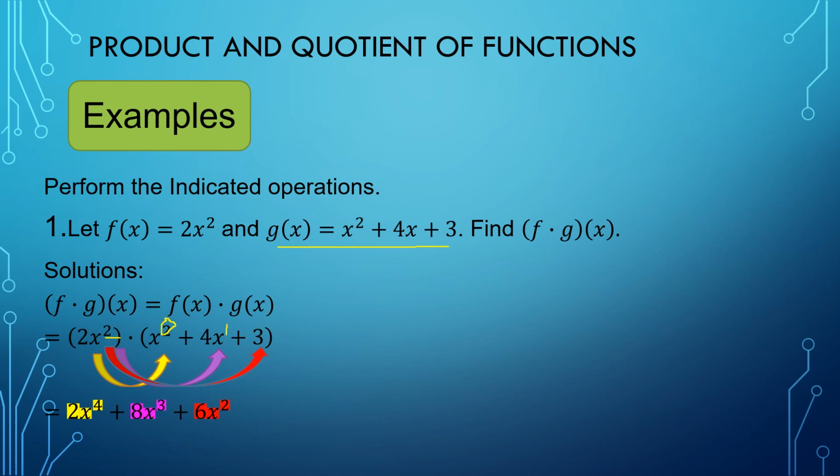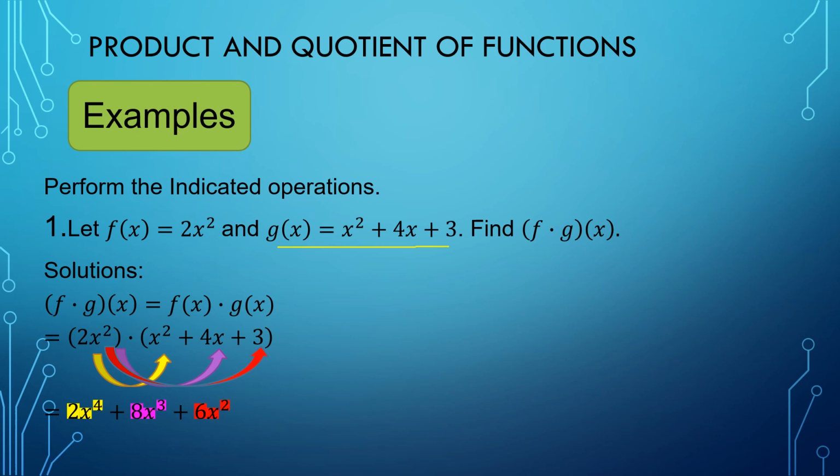Next, we have 6x squared. So, paano nakuha ang 6x squared? So, we have 2x squared times 3. So, that is 6x squared.